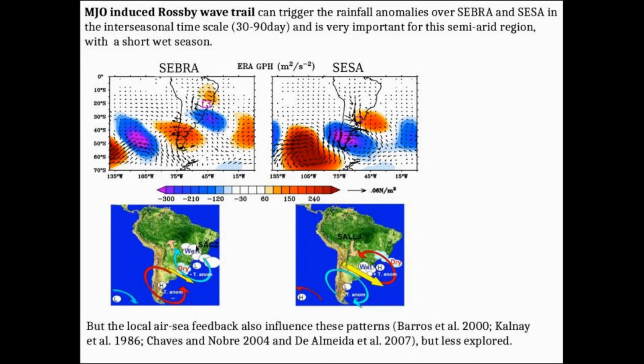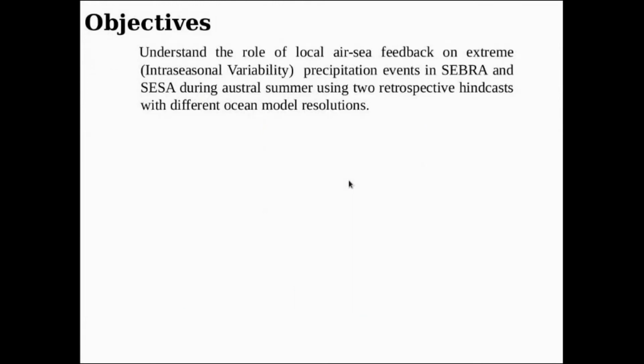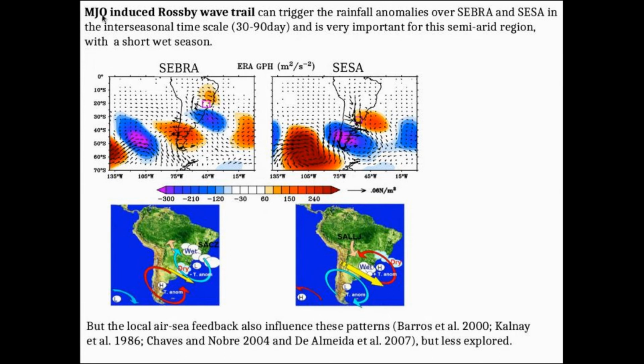You can see a weakening or northward shift of the low-level jet, and it brings precipitation over the SABRA region. Whereas when the low-level jet intensifies and shifts toward the south, the SESA region gets the maximum precipitation.